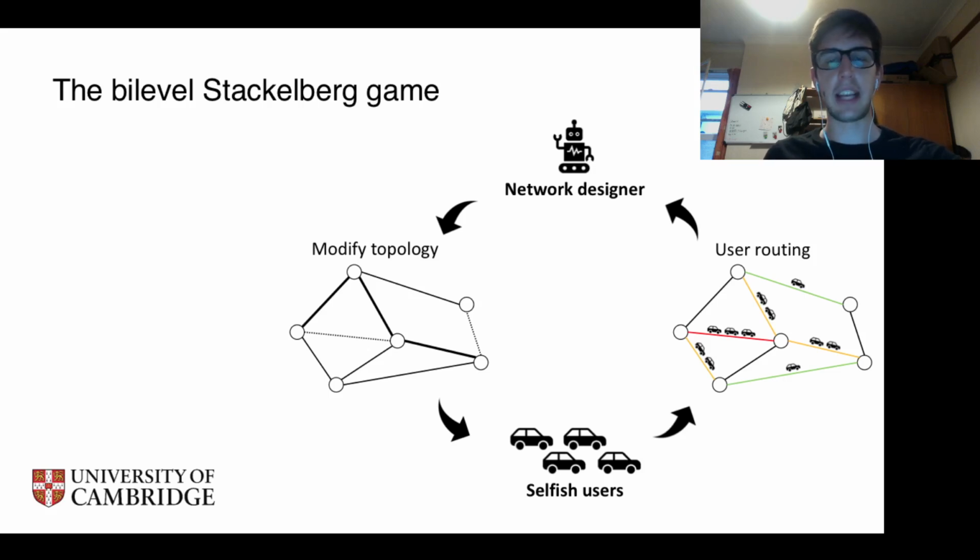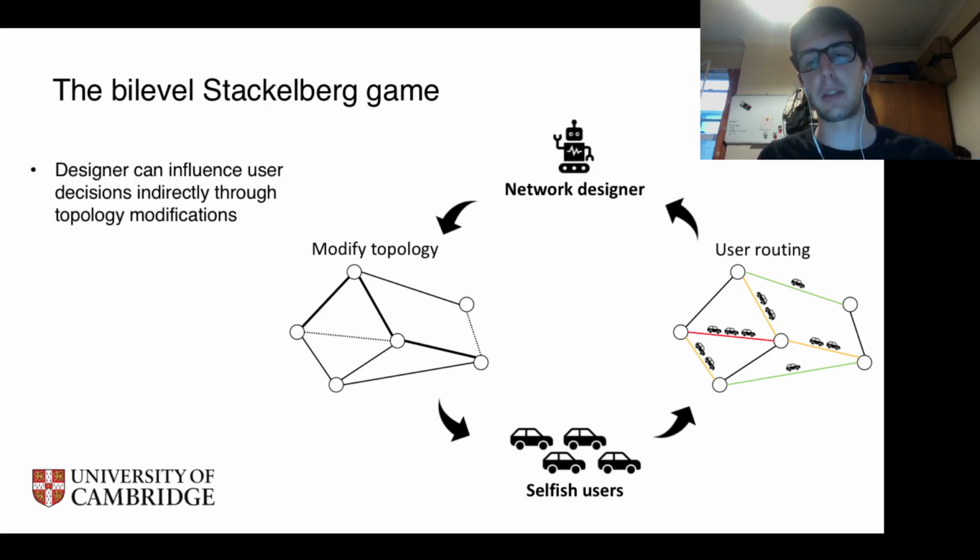This is a bi-level game, and it's called a Stackelberg game in game theory because the upper level, which is the network designer agent, can indirectly influence the users, which are the lower level, the other player, through topology modifications, and then the users distribute always according to user equilibrium routing, but according to the new network that has been given to them.